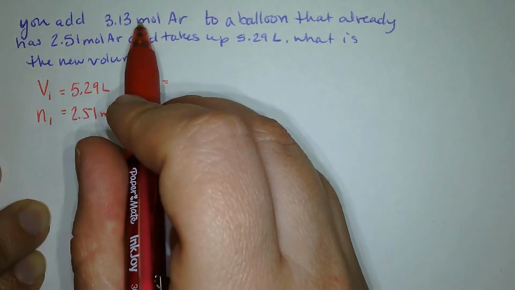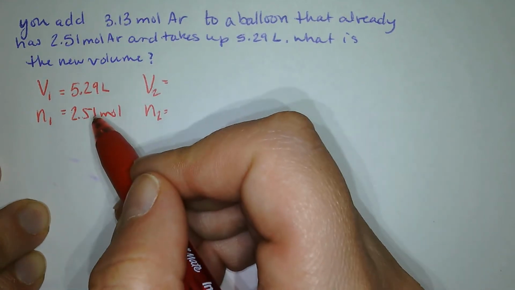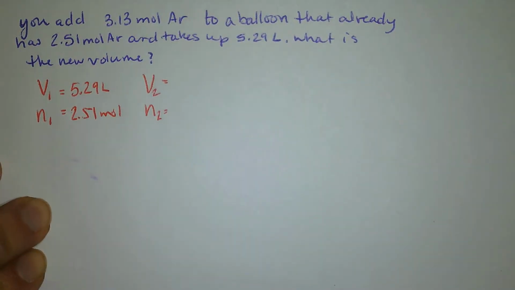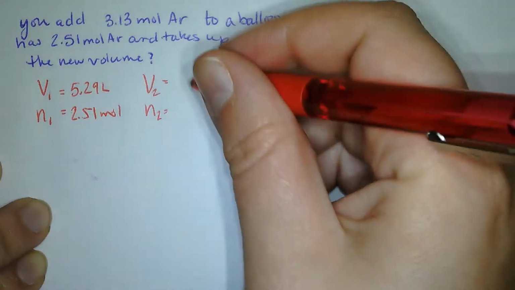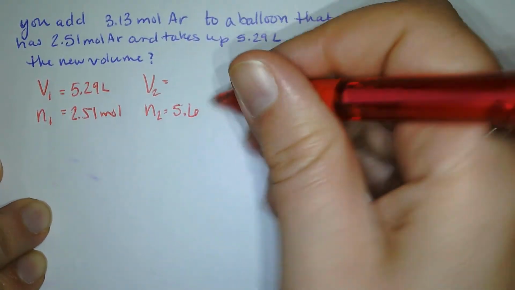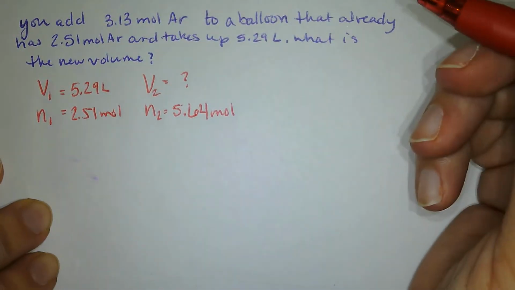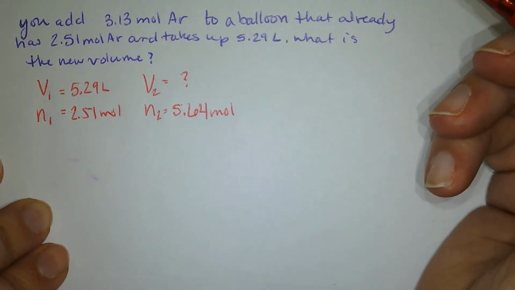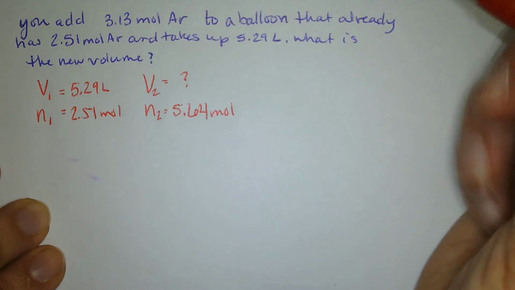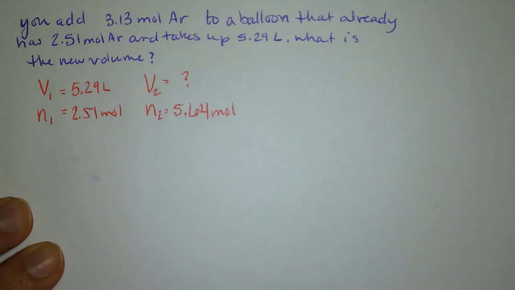Then we're adding 3.13 moles. So this isn't 3.13. We already started with this. We're adding 3.13 more. So 2.51 plus 3.13 is the new amount of moles, 5.64. So that one's just a little bit tricky, but if you read it, just take your time and don't rush through it.